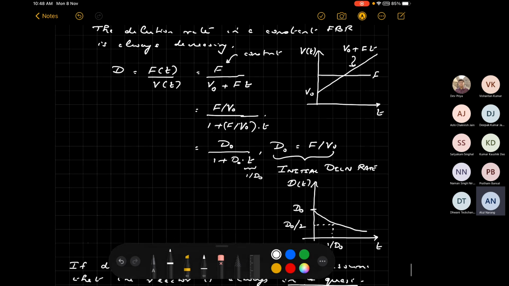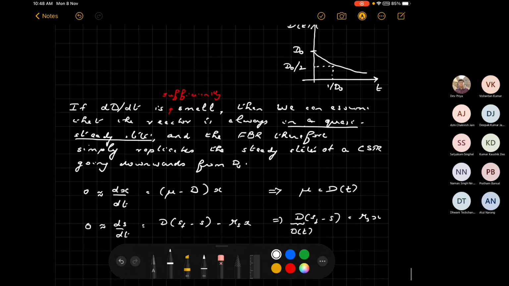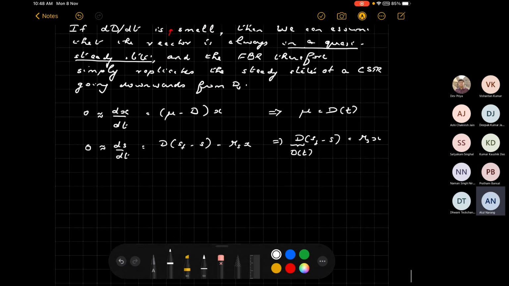But even though D is slowly decreasing, all these relationships are obeyed. Mu remains equal to D of t, and D of t multiplied by (SF minus S) remains equal to rs times X. And since all these equations are valid, you are basically solving just a Monod model, right?